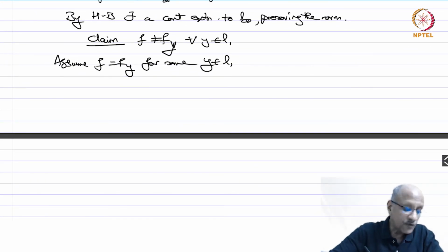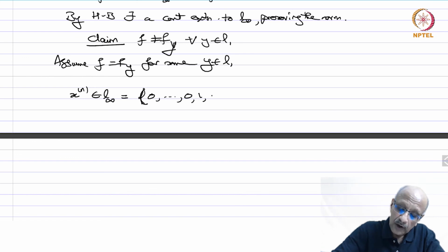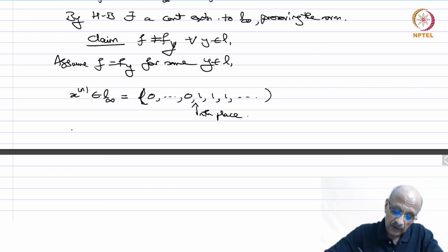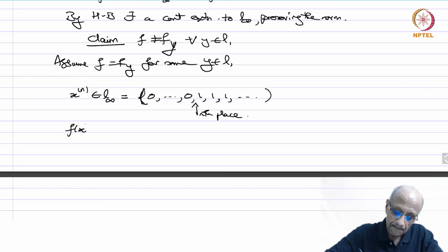Look at the following sequence: 0, 0, and then 1, 1, 1, and so on, where this is the nth place. This is a convergent sequence, limit is 1. So f of x_n equals 1 for all n.